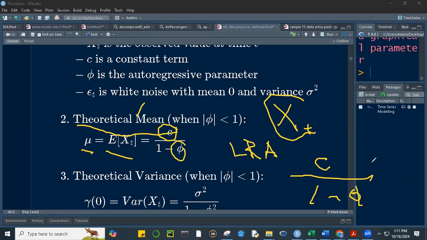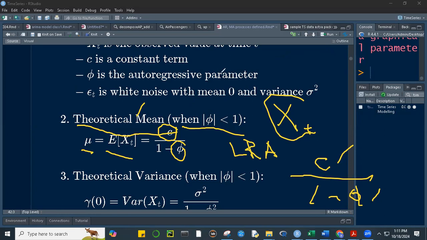Okay, so that's very easy to compute. If you know the model, if you know C and phi, you can compute for the theoretical mean, which I said a while ago is a long run average. And take note, the assumption here is that the absolute value of phi is less than 1.